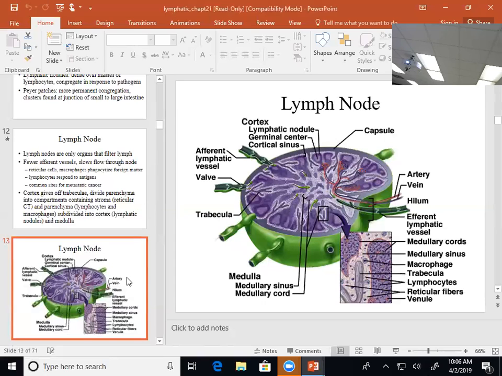But even if something gets by that one, might the next node catch it? So swollen lymph nodes are actually a sign that your body's lymph nodes are working. Now, can they get swollen? Can they get weak? Yes. They can, and it can actually take a long time for lymph nodes to go down. It can normally take weeks for them to go down.